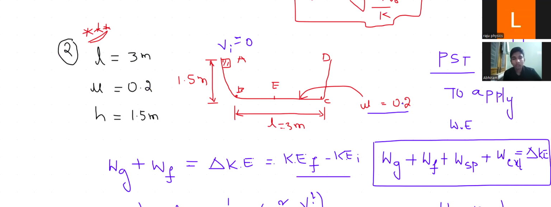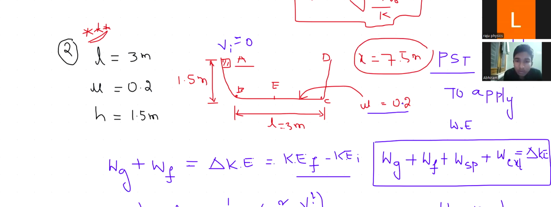Your particle is released from A. So where does it stop? After some calculation, I'll get x equal to 7.5. So in this problem the particle stops at 7.5 meters. Tell me.